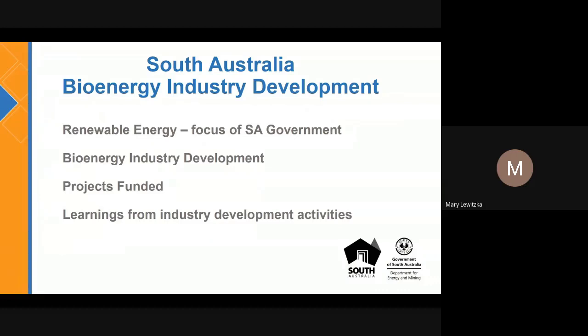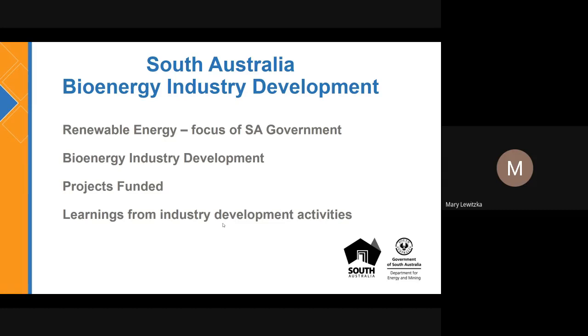Just to start with, I'll go through what we're going to cover. I'll give you a quick rundown on the focus of the South Australian Government around renewable energy. We'll have a look at what we've done over the past 4 or 5 years with bioenergy industry development, including a roadmap that was commissioned in 2015.